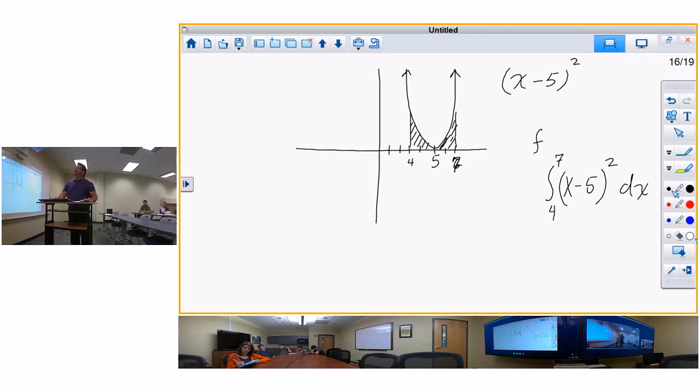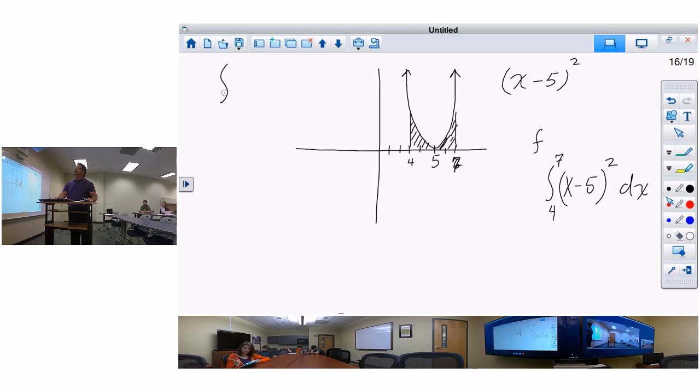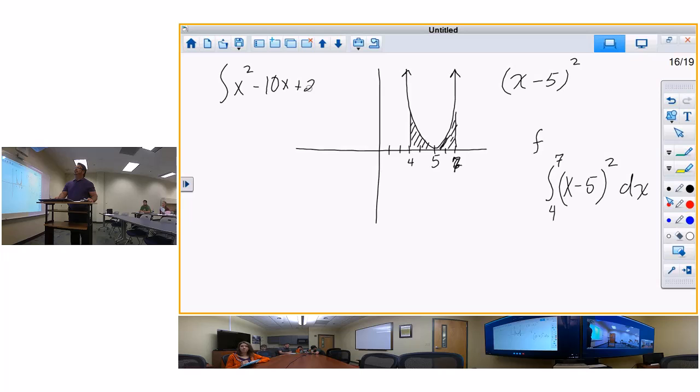All right, so we're going to FOIL, or shortcut number 2. A minus B quantity squared is equal to x squared minus 10x plus 25 dx.